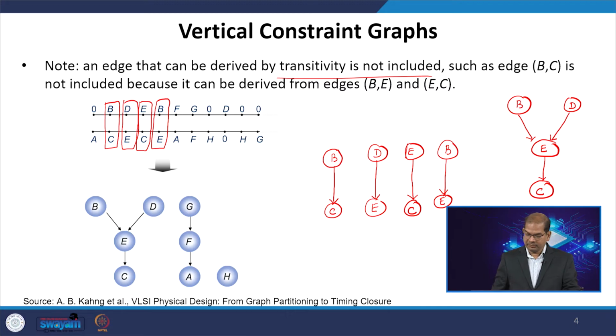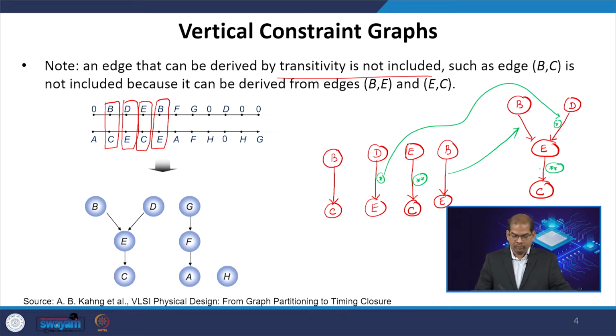Okay. So, B is connected to E. This line corresponds to this one, and I will put a star here, and this line corresponds to the node with a star here. These two are the same edges. Similarly, this edge from E to C corresponds to this edge here.